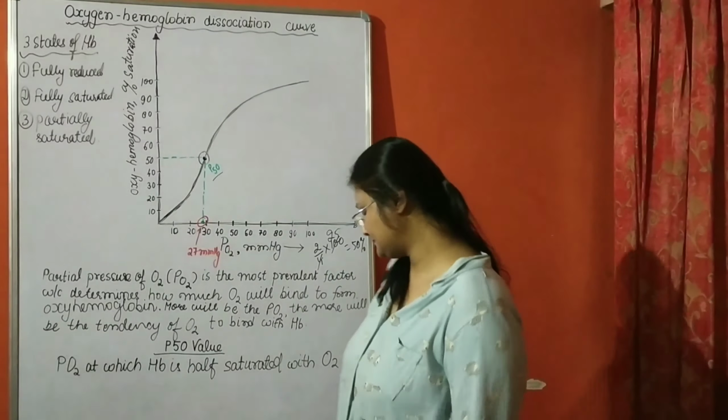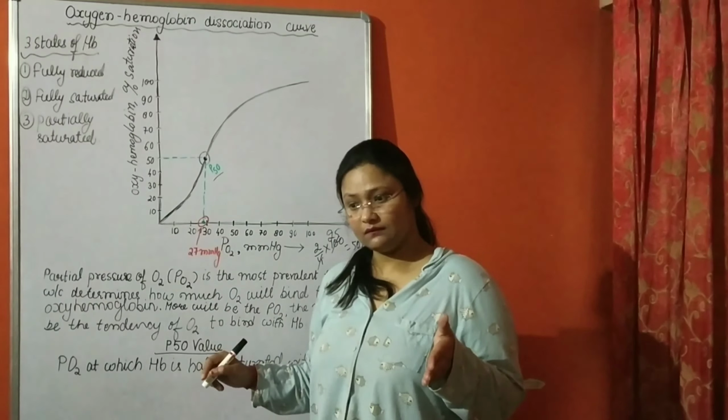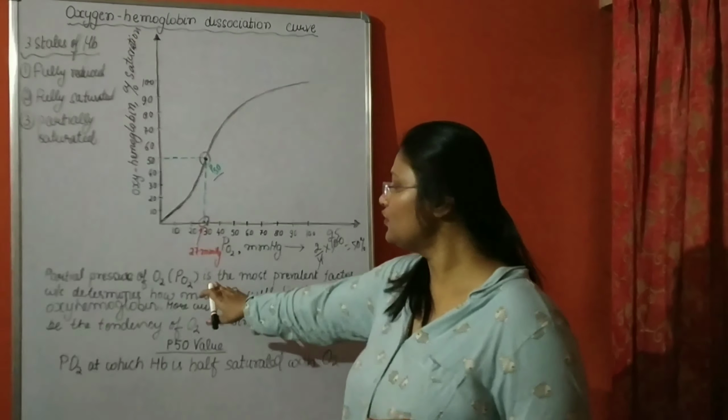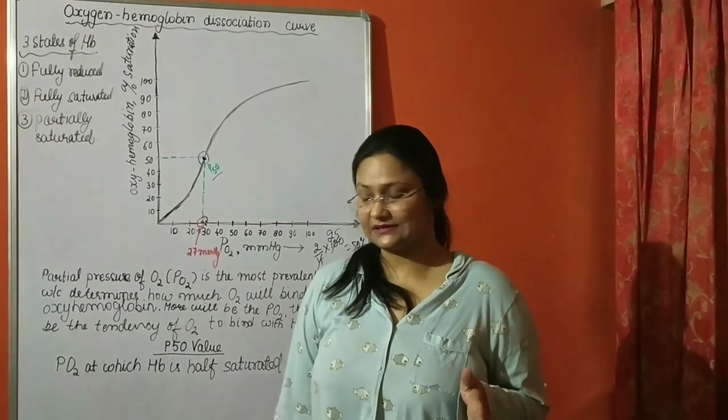Now that was about the most prevalent factor, PO2, which decides how much oxygen will be bound to the hemoglobin at one point of time. But this is not the only factor which decides it. This is the most prevalent, no doubt, but other factors also decide. As I told you earlier, CO2 also decides. If the partial pressure of CO2 is more, then oxygen will bind with less affinity to hemoglobin.